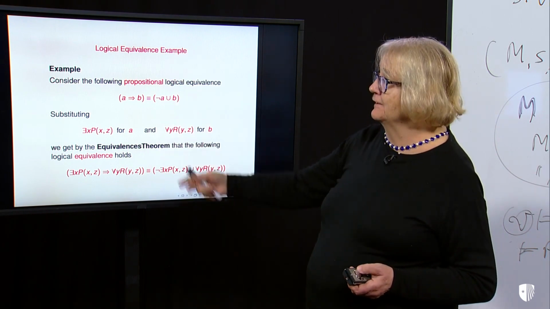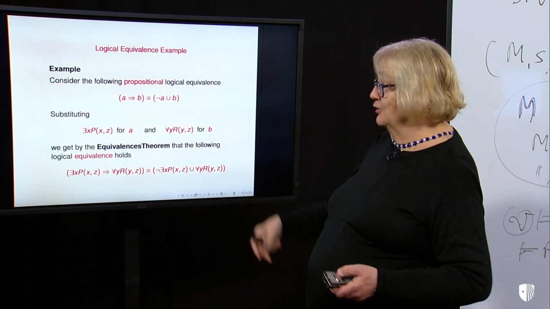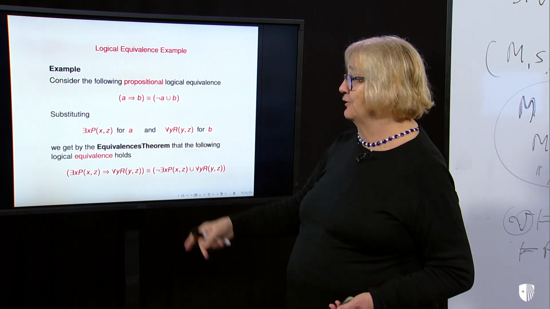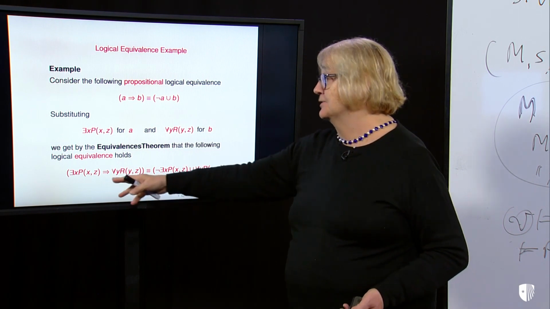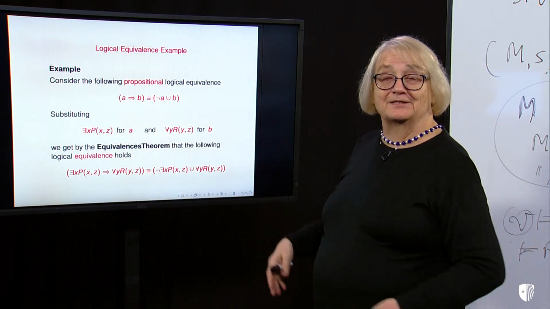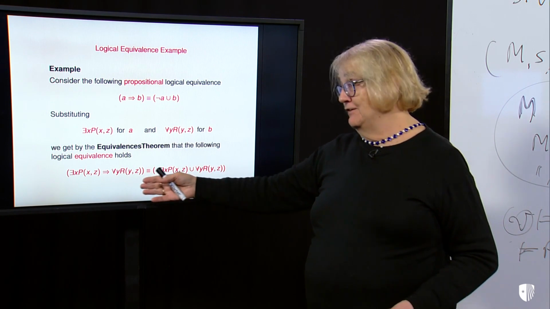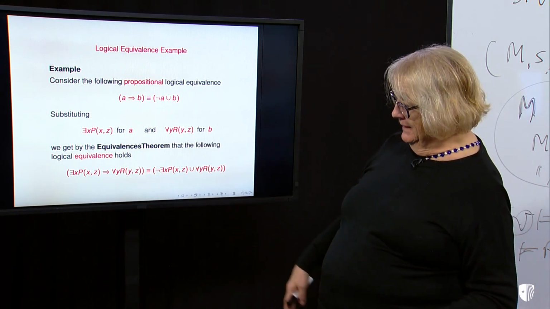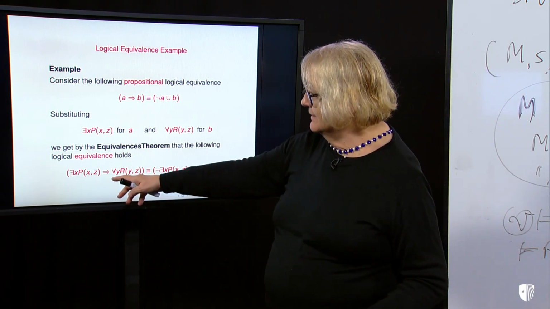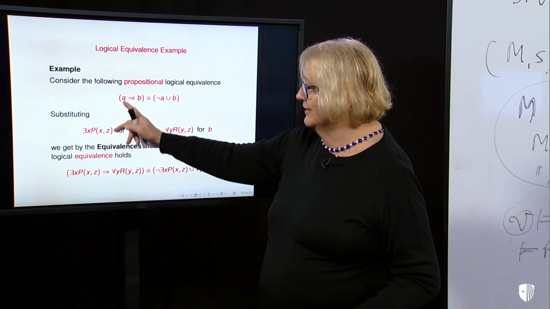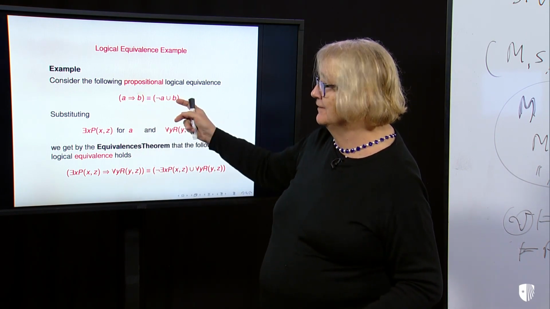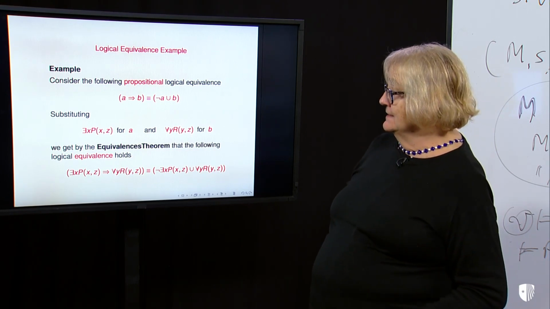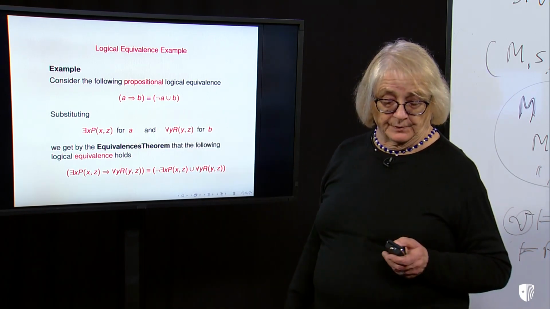Here, for example, we have a propositional logical equivalence, and I put a formula for this and a formula for that. By the equivalence theorem, I get such a nice complex formula. So if you see such things, you can look at the structure and see that you can go from here to there and say, okay, that is a predicate equivalence, because that was a propositional equivalence.